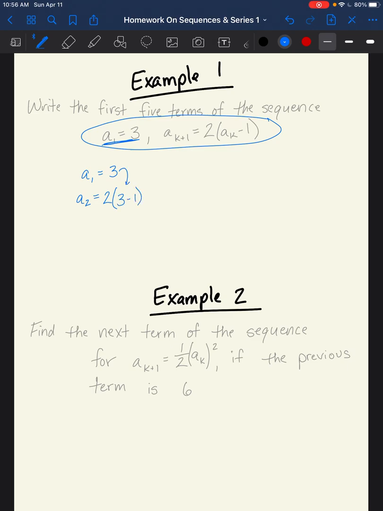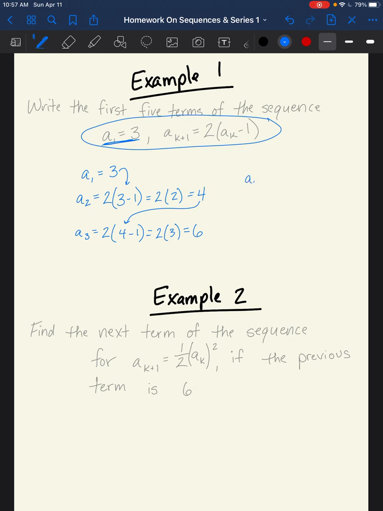All right, 3 minus 1 gives me 2, so I'm going to end up doing 2 times 2, which is 4. So if I want to find the third term, again, I'm going to follow the same pattern. I'm going to take 2 times the previous number, which is 4, minus 1. Now, 4 minus 1 is 3, so we're going to end up doing 2 times 3, which is 6.